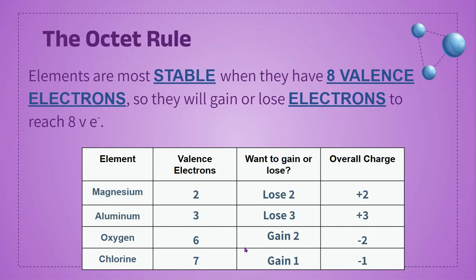Now, if I were you, what I would do is go onto my periodic table, and I would write the charge above each column. For example, everything in group 1 has 1 valence electron. It would lose that valence electron and have a +1 charge. Everything in group 2 is going to have a +2 charge.